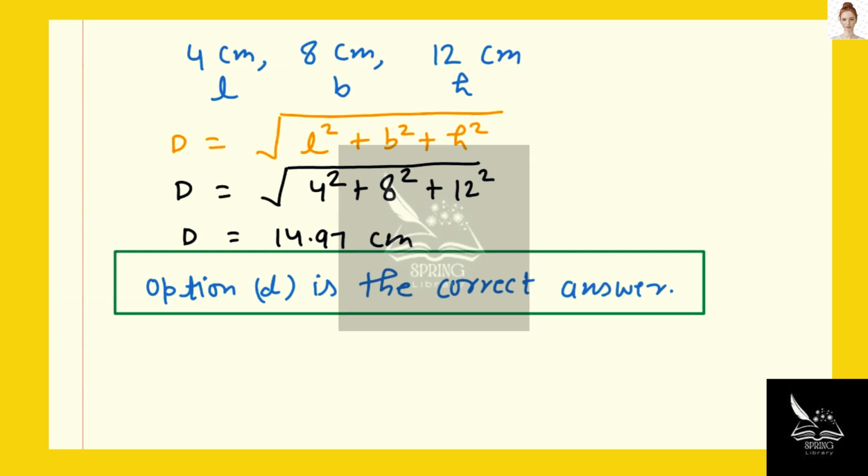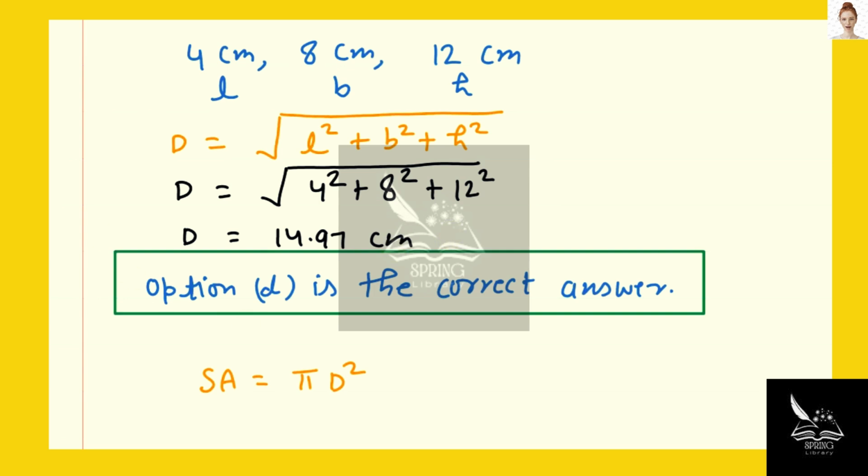And here we need to find the surface area of the sphere. So we know that the formula to calculate the surface area of the sphere can be written as pi times d square. Here d is the diagonal of the rectangular solid or the diameter of the sphere.